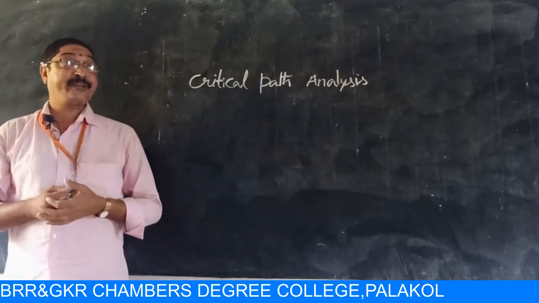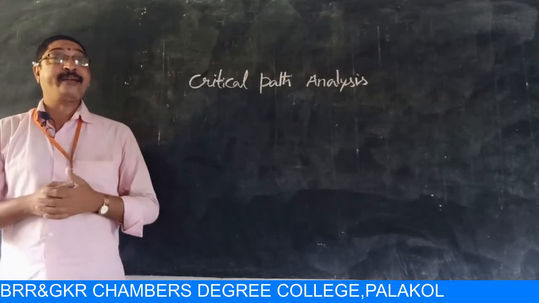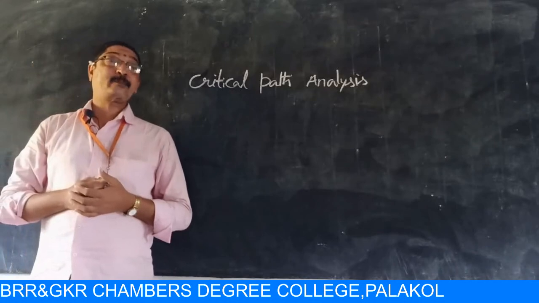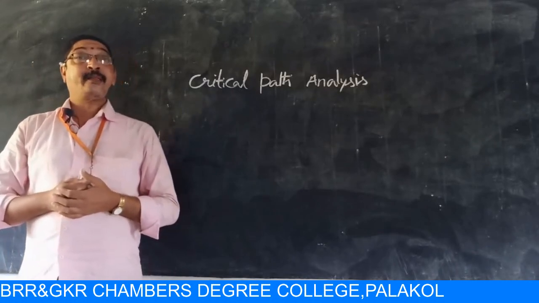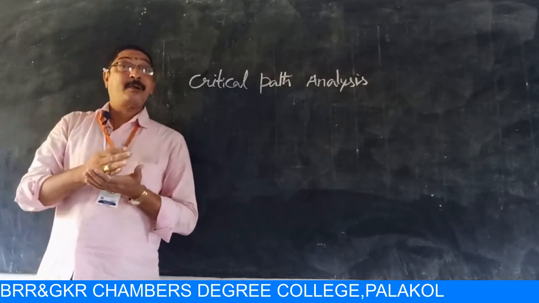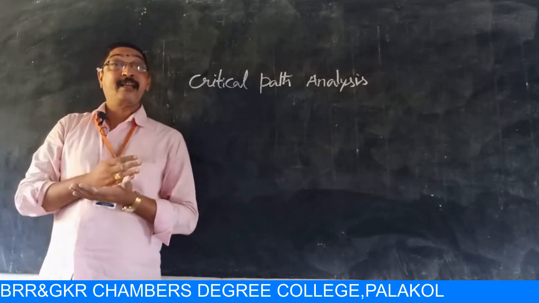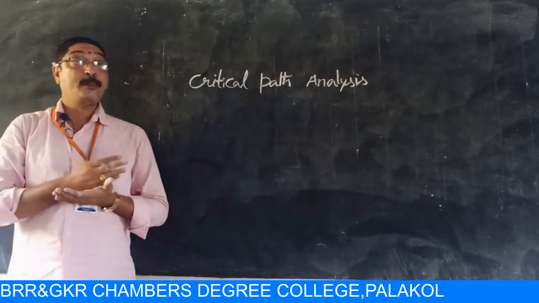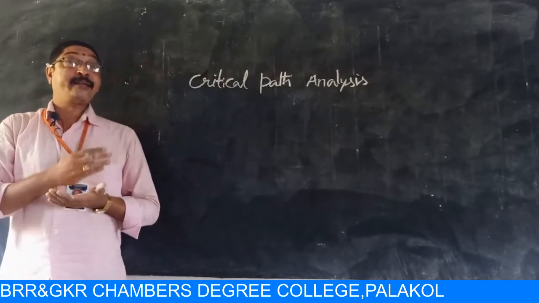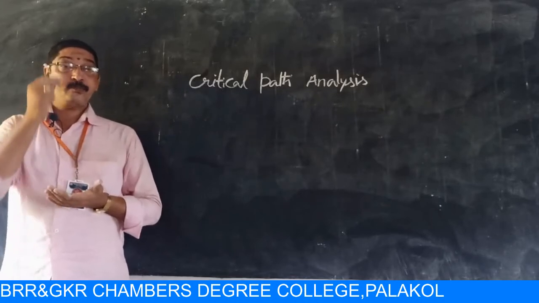Like a path chart, in this critical path analysis all the activities and tasks are denoted as nodes, and which task will be performed after which task. That means the sequence of tasks to be performed will be explained with the help of critical path analysis.